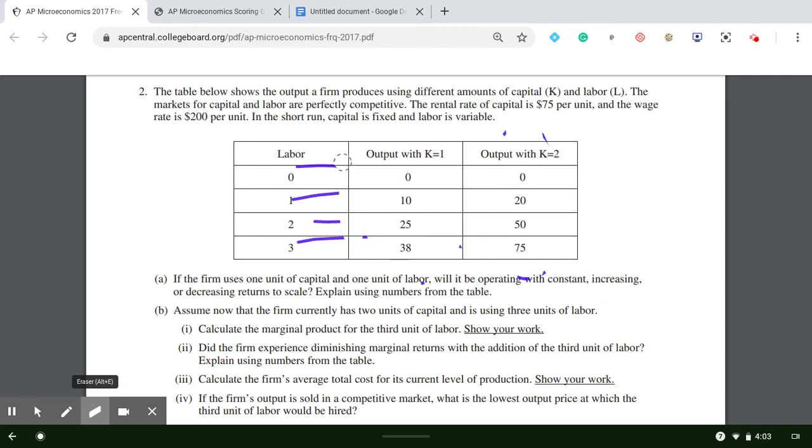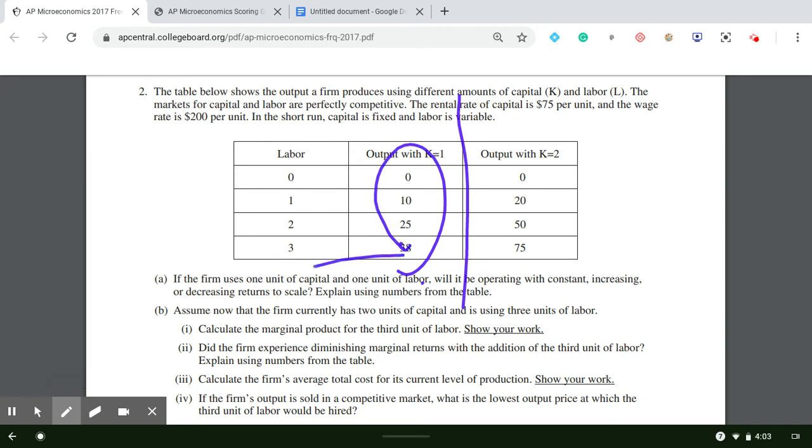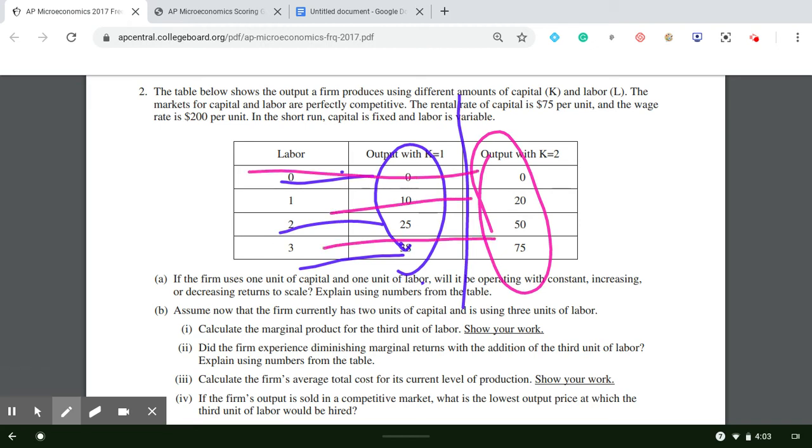So again, of course, when there's more capital, labor is more productive. That's basically what this is showing. So you kind of have to be able to make a delineation between the two. This is here for this, and then this is here with this. It's almost like it's 2 separate tables that they put in one.